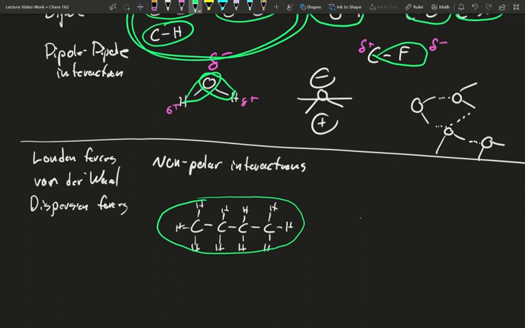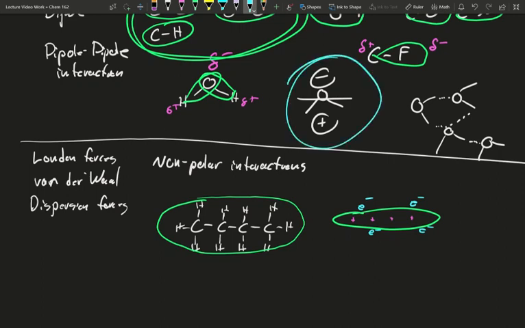Which means for any given molecule that doesn't have polar bonds, we have a generally uniform electron density. Simplified view, we'll have some protons in the middle, and we'll have some electrons around the outside. On average, these are pretty even everywhere, so there's no positive or negative difference from one side of the molecule to the other, like we saw with water.